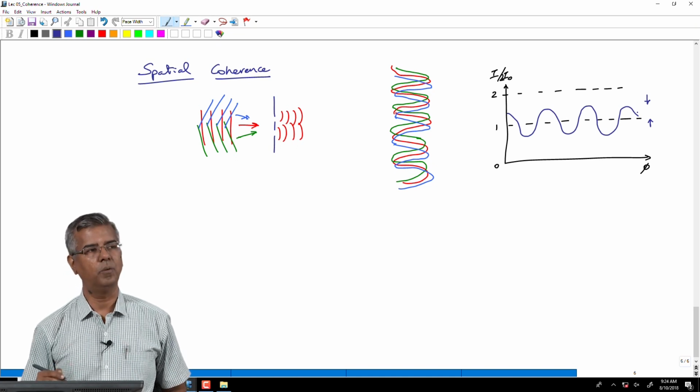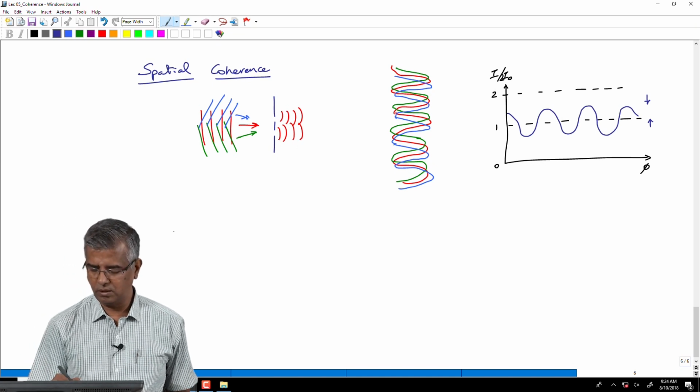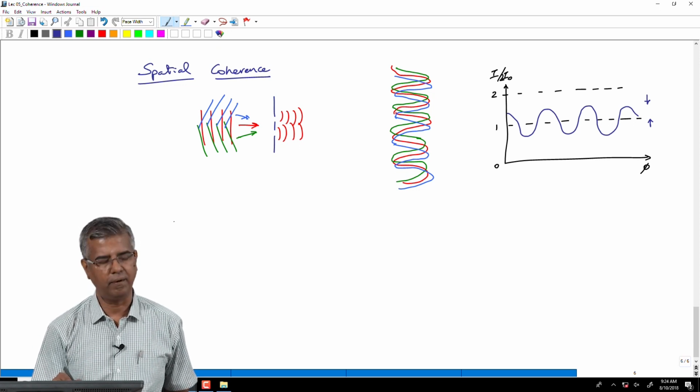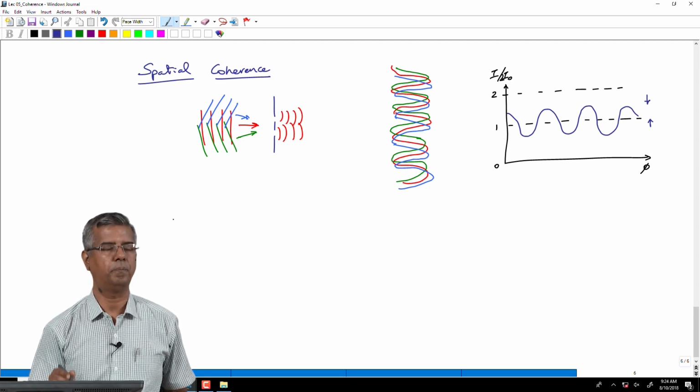So, why am I talking about all of this? Because when you look at practical light sources, most of the light sources that we have will essentially not be absolutely planar.